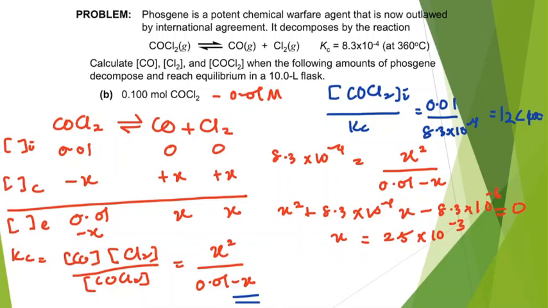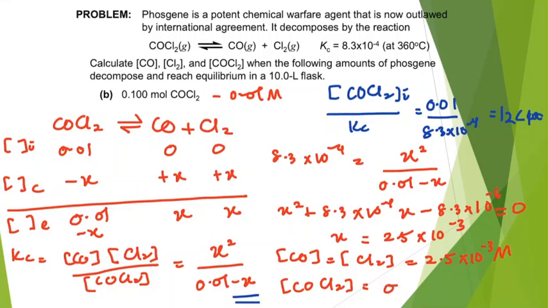So when x is 2.5 times 10 power of negative 3, then we know that the concentration of the CO is equal to the concentration of the Cl2, is equal to 2.5 times 10 negative 3 molar. And for the concentration of the COCl2, it is equal to 0.01 minus 2.5 times 10 negative 3.